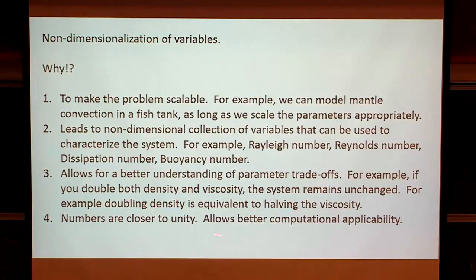Oh, and finally, numbers are closer to unity. So if you didn't non-dimensionalize things, you might choose to use SI units, and these are all over the place. Like, you might have 1,000,000 meters, and you might have temperature in kelvins. You have all of these different parameters. They have different magnitudes of values. And it can be torture if you're working out that stuff.